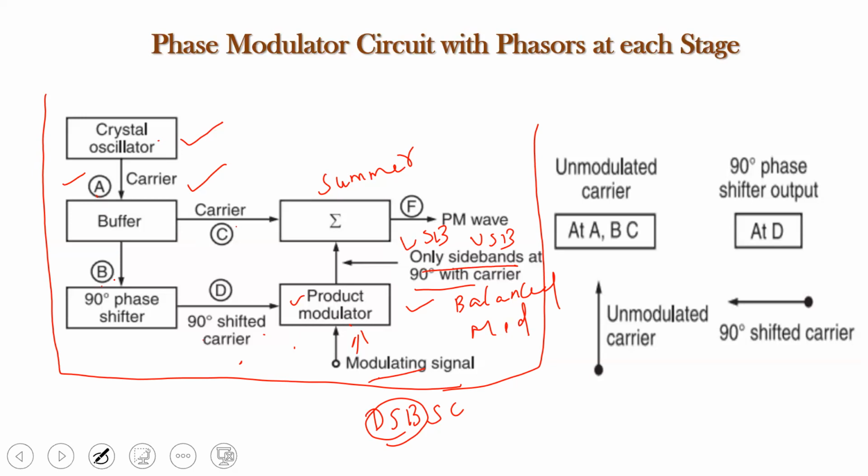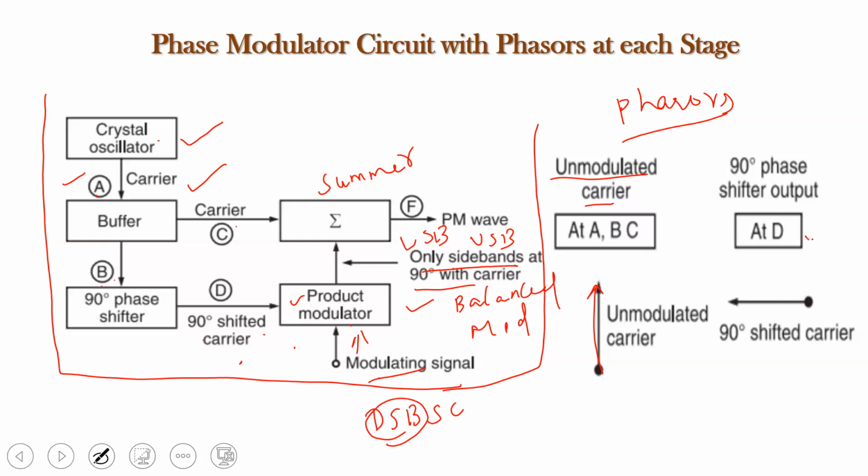So A, B, and C, we can name as the unmodulated carrier. These are the phasors at each and every stage. So at A, B, C, we have the unmodulated carrier without any change in phase, and this unmodulated carrier's phasor is drawn as a vertical line.